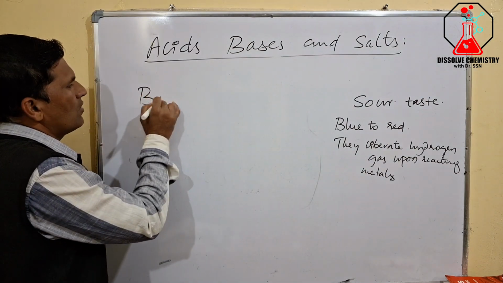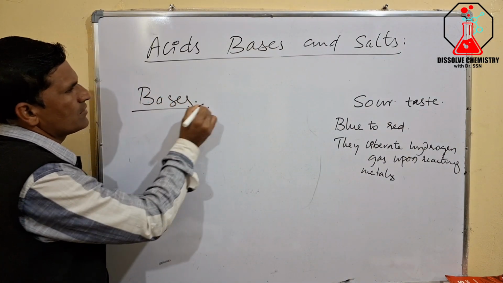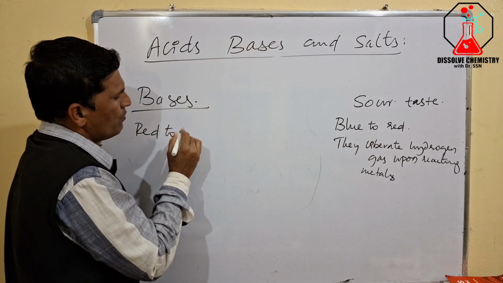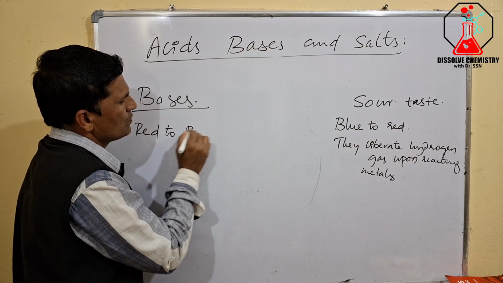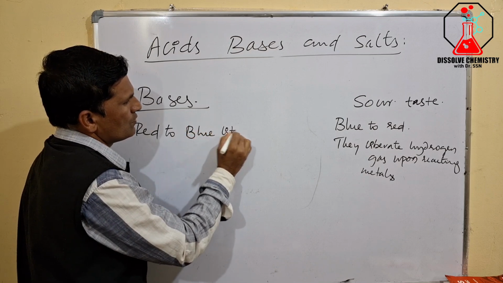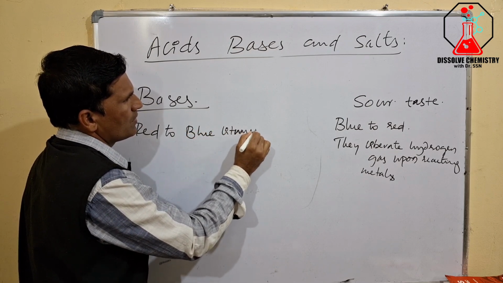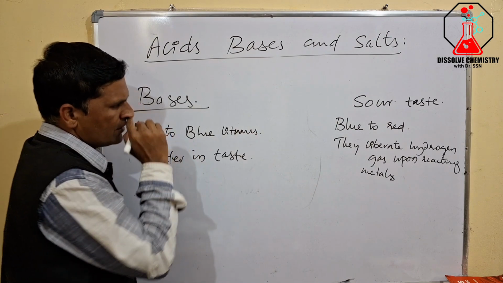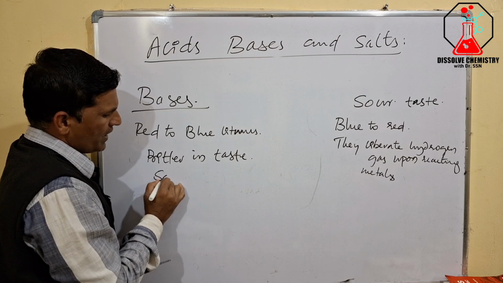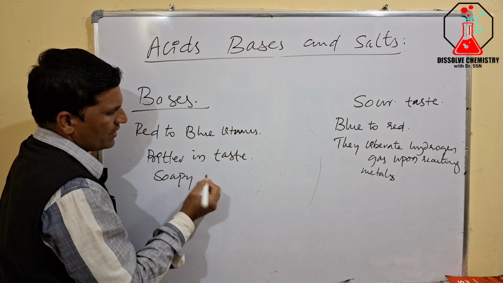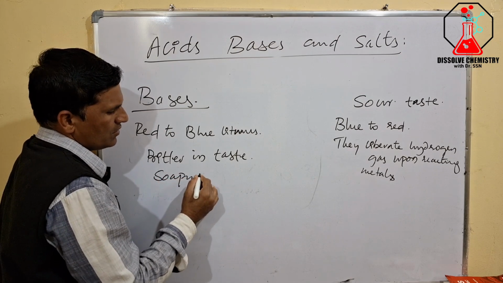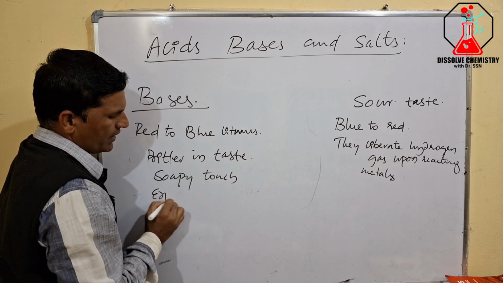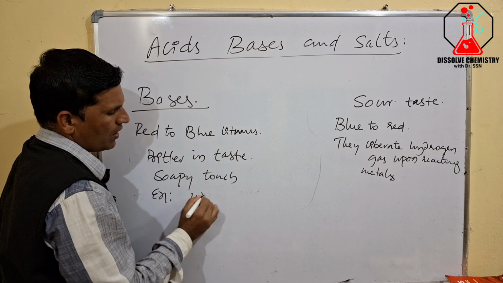Similarly, bases are the compounds which turn red litmus to blue. Generally they are bitter in taste and soapy to touch; when we touch them, they have a smooth soapy feel. An important example is washing soda.